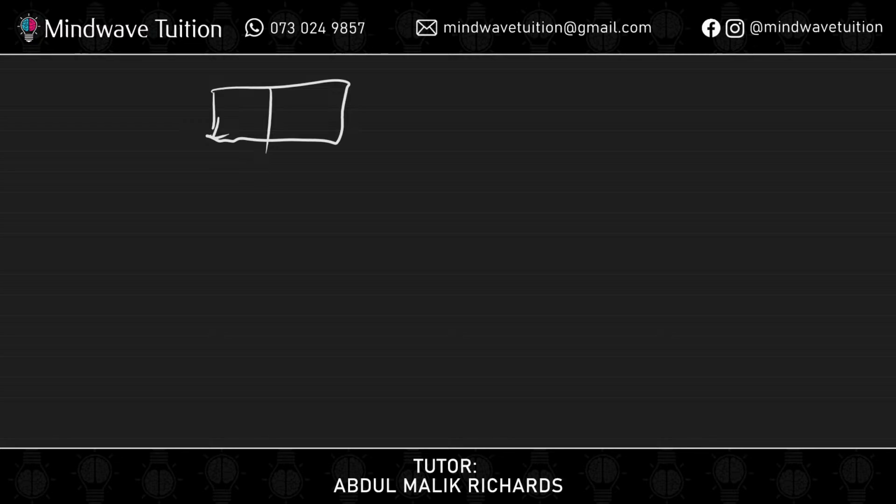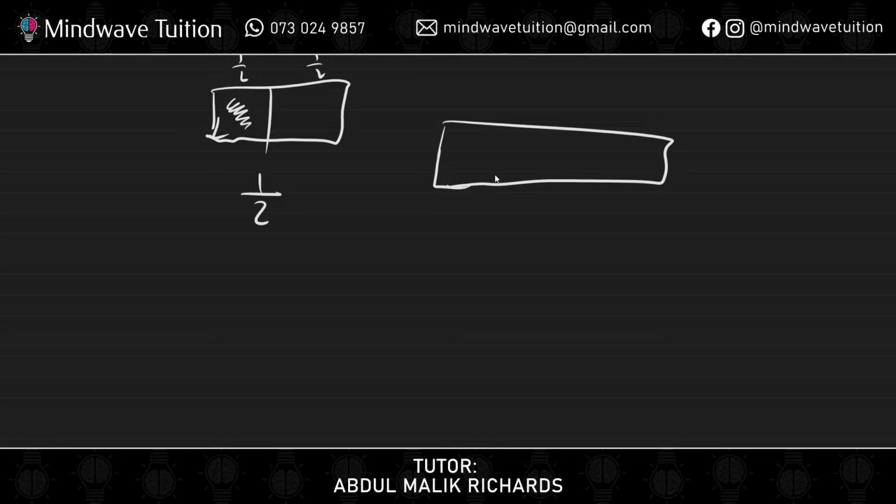So here we have two parts, and one of these parts we can write like this. We consider this as a half, and we consider this as a half as well. When we divide this block up into more sections, we're now creating more parts. So there are 1, 2, 3, 4 parts in total, and one of these parts would be 1/4. In other words, a quarter.